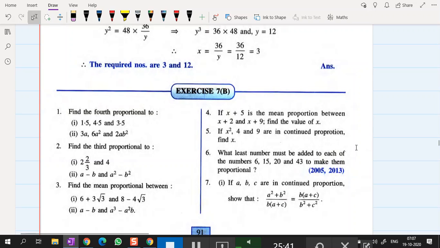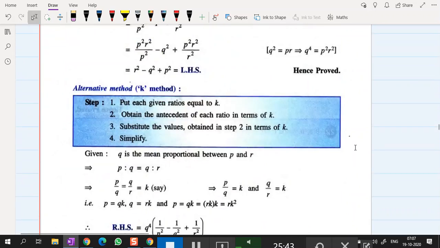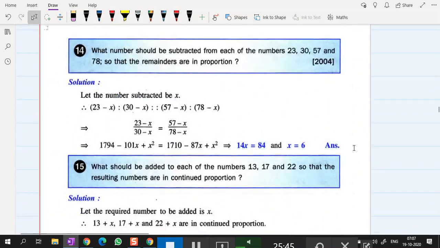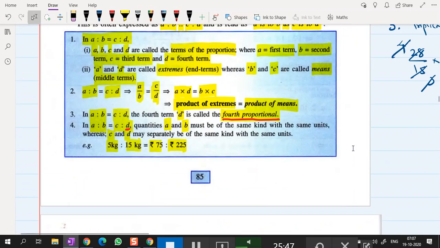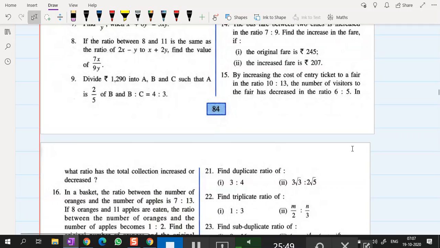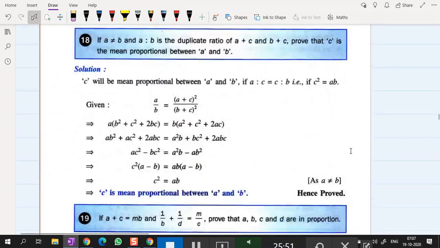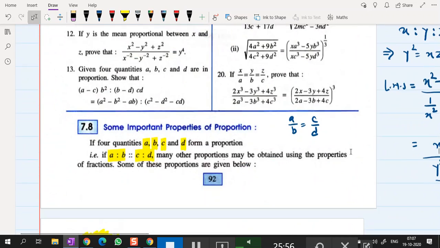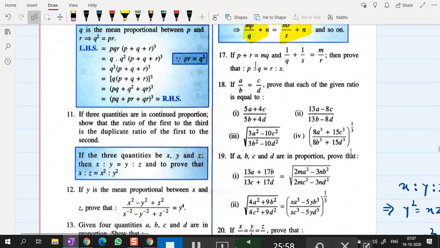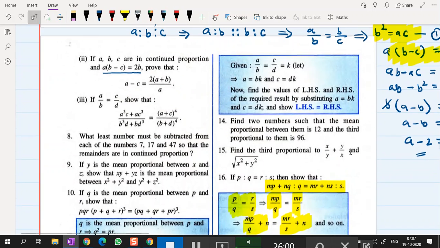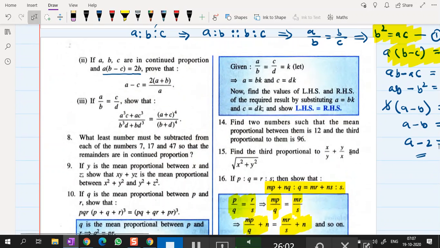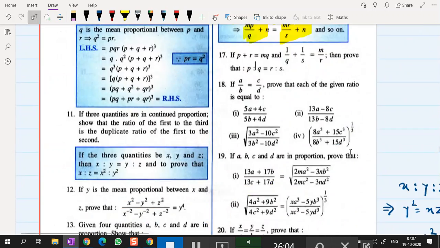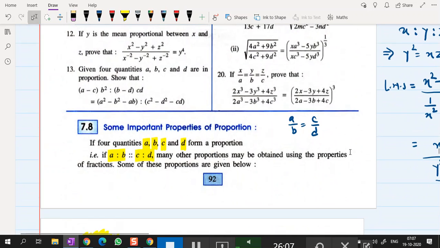I'm sure they are not adding any questions. Actually, the whole ratio part is not there in your syllabus. It has not been there for a long time, but still they keep it in the textbook. They keep on changing the contents every year. So my textbook is a few years older. But more or less the questions are the same. Some are not there, some are there. That's why you see more questions here.